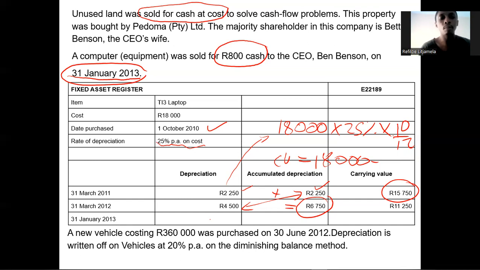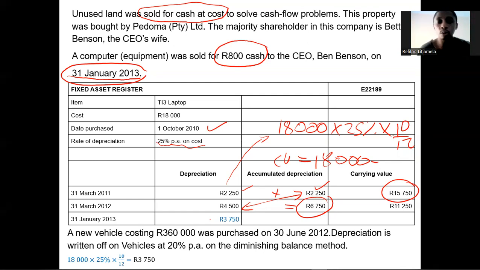The depreciation for that year will be 18,000 multiplied by 25%, and then you multiply that by 10 over 12. That simply gives us 3,750, which is the depreciation for the year ending 31st of March 2013.